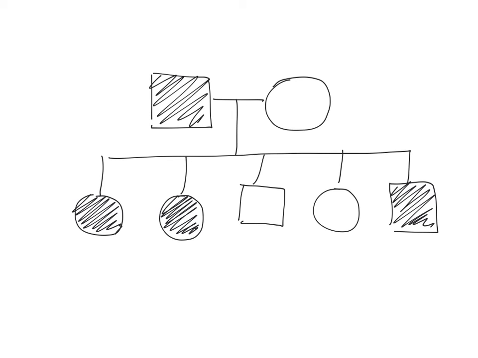So first, what was the first thing that we did in the last example? Step one, what was the first decision we made? We saw if it skipped a generation or not. Okay, so in this case, this trait does not skip a generation. So the assumption then we make is it dominant or recessive?